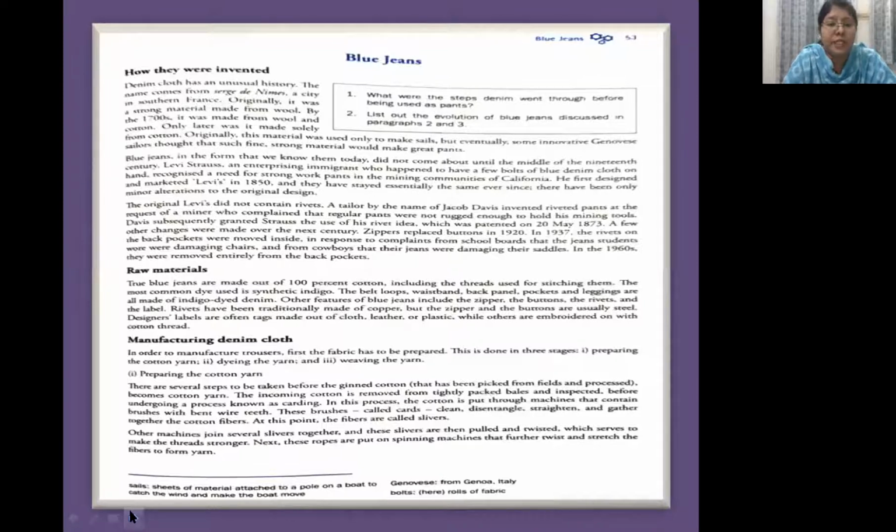Blue jeans in the form that we know them today did not come about until the middle of the 19th century. Levi Strauss, an enterprising immigrant who happened to have a few bolts of blue denim cloth on hand, recognized a need for strong work pants in the mining communities of California.